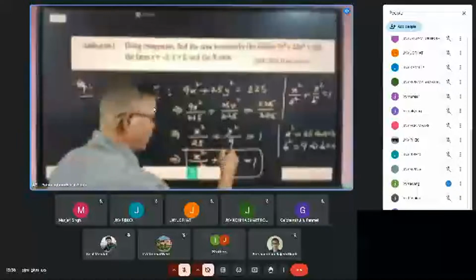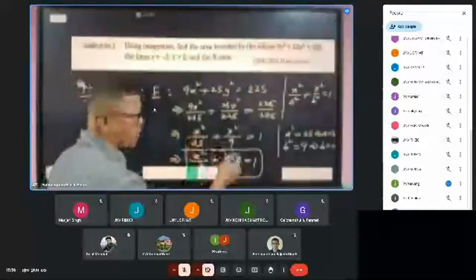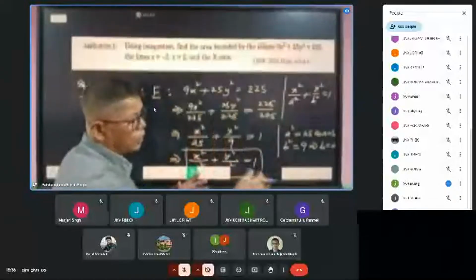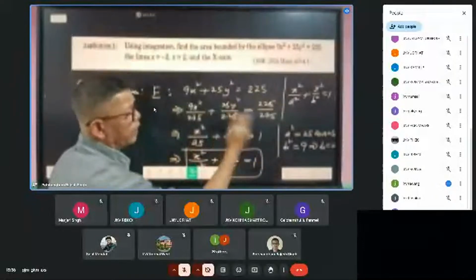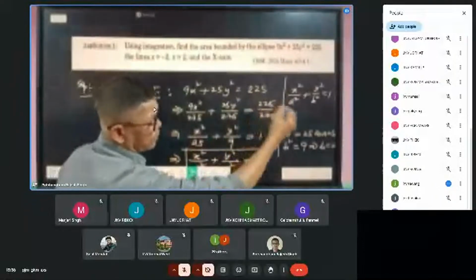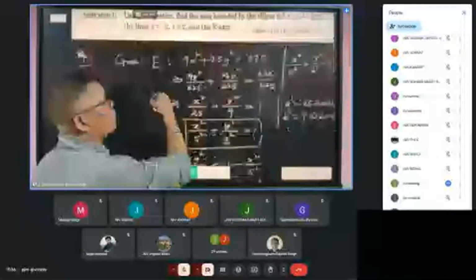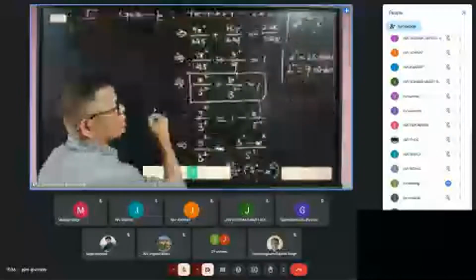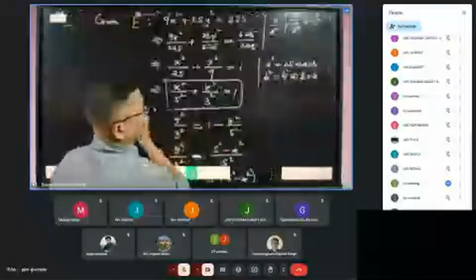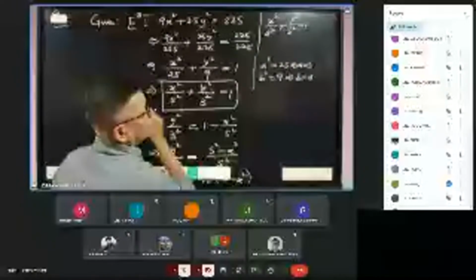After becoming standard, for the circle, you need to find the radius. For the ellipse, you need to find the length of the semi-major axis and the length of the semi-minor axis.